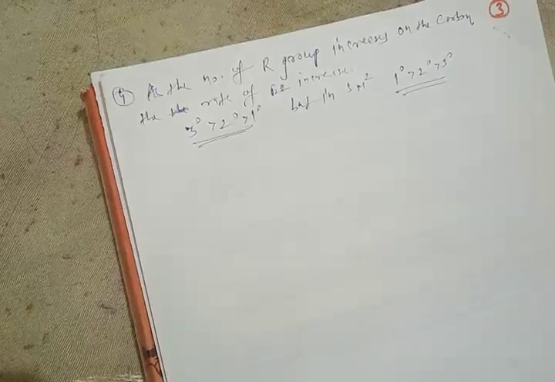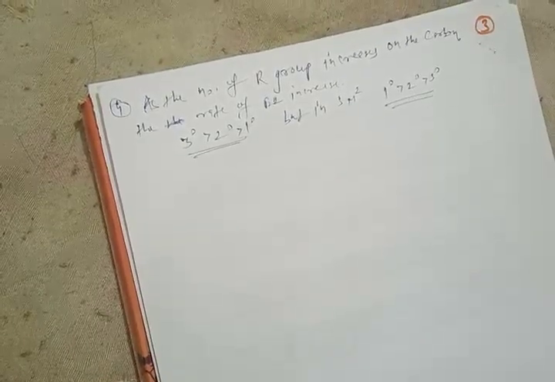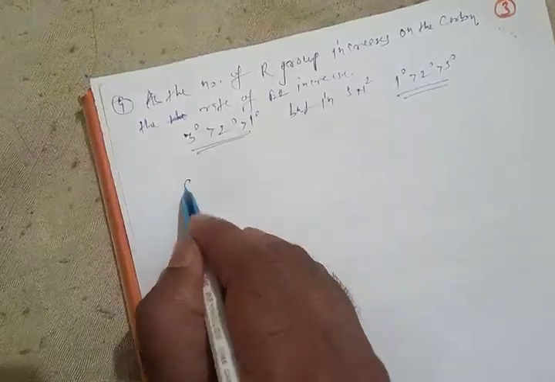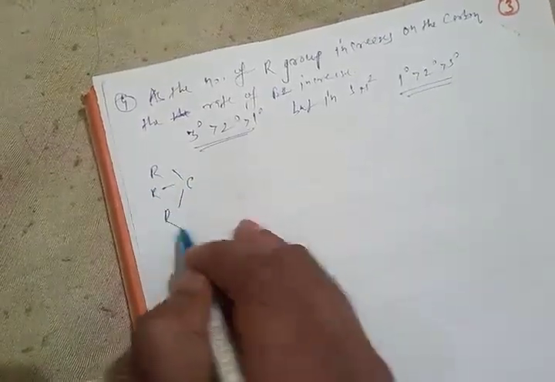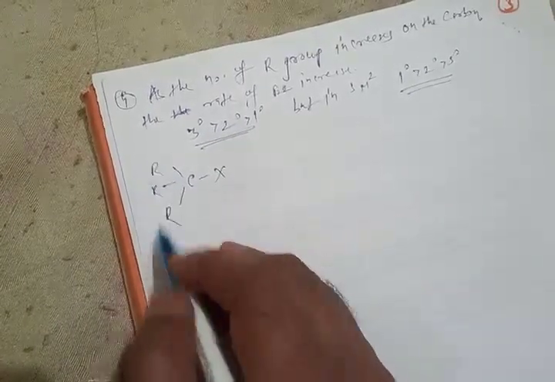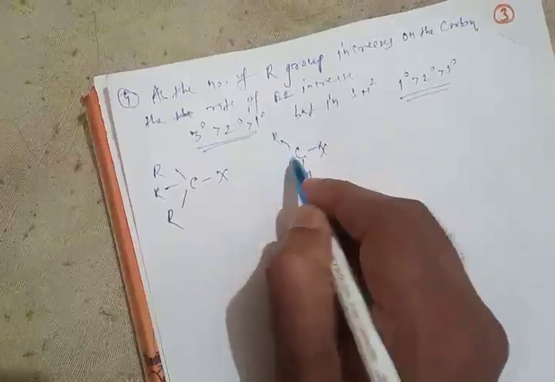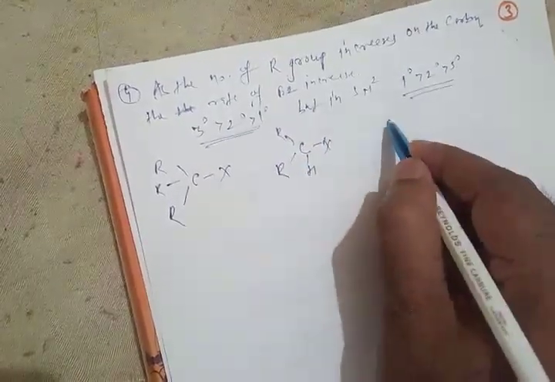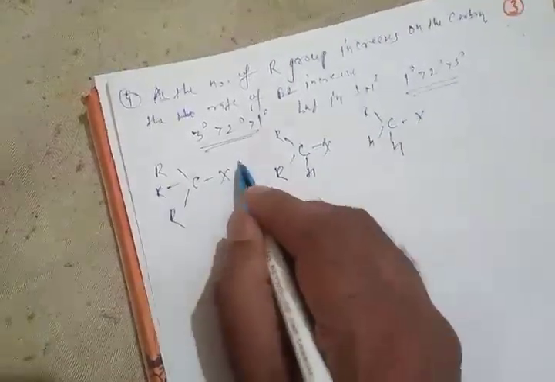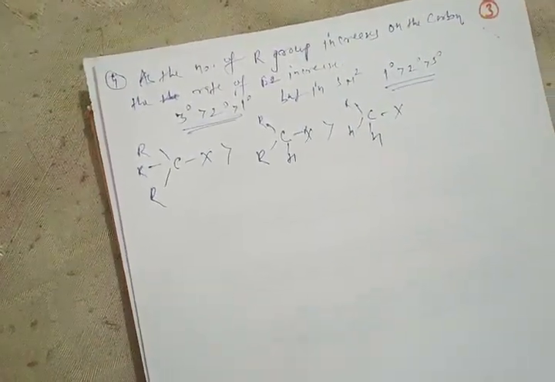Abstraction of a proton will be easier if we have a number of alkyl groups, so more possibilities to abstract a proton, like if we have C R R R, here we have three, the maximum possibility to abstract a proton. Whereas in this case we have only two possibilities, and in this case only one possibility to abstract the proton, so the order will always be this one. This is the thing you need to understand.